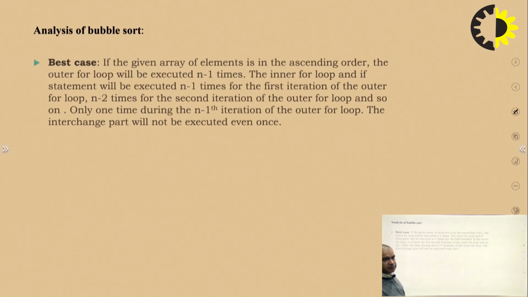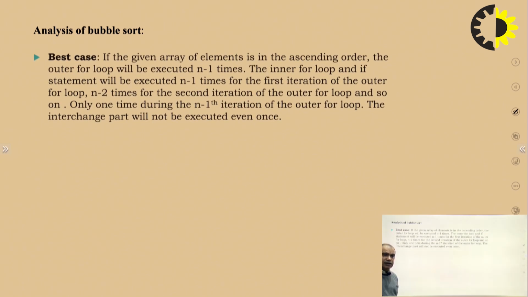Analysis of the algorithm: the best case. If the given array is in ascending order, the outer for loop will be executed n minus 1 times.